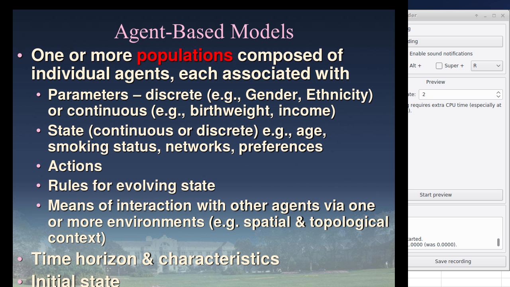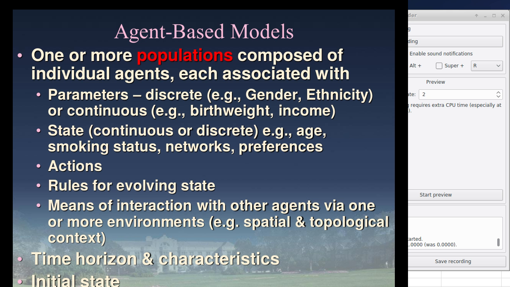So we have one or more populations, and each of these populations are characterized as composed of actors, of agents. Each of those agents is associated with some characteristics in the form of parameters and some state that's evolving over time. So the parameters might be things like their gender or ethnicity, but it could also involve continuous quantities like their birth weight or their income right now.